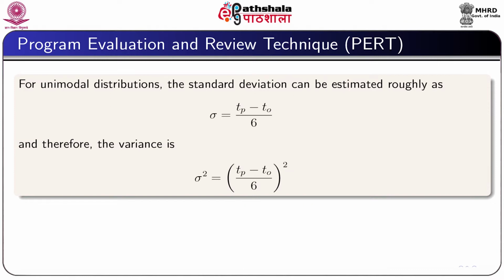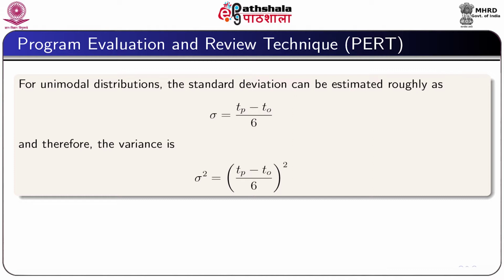For unimodal distributions, the standard deviation can be estimated roughly as sigma equal to (Tp minus To) by 6. Therefore, the variance can be obtained as ((Tp minus To) by 6) whole square.